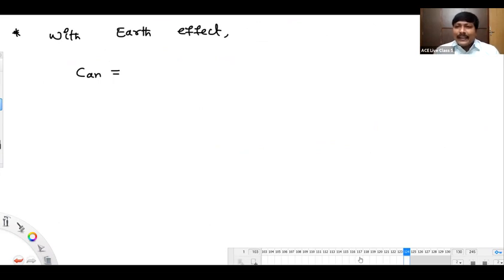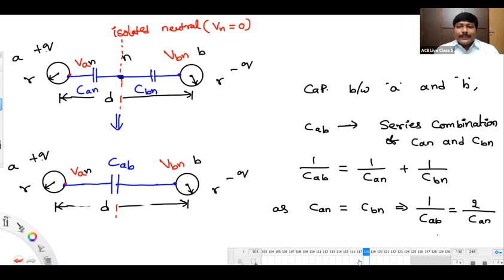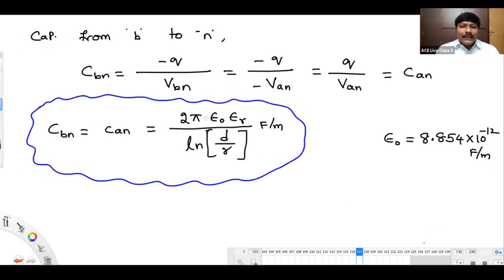We have already derived the expression for capacitance, that is 2 pi epsilon naught epsilon r by ln of d by r. Remember always, if you want to find capacitance per phase, or capacitance from one conductor to neutral, it will always start with 2 pi epsilon naught epsilon r in the numerator.